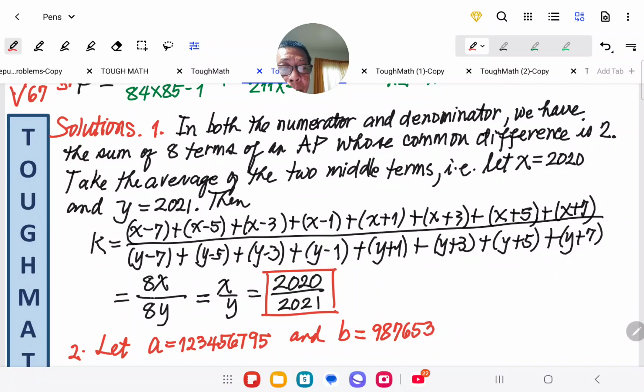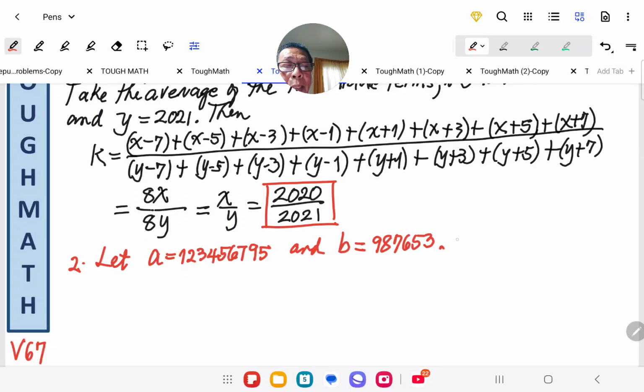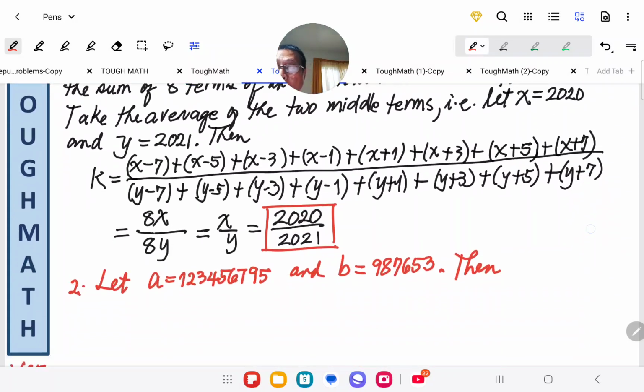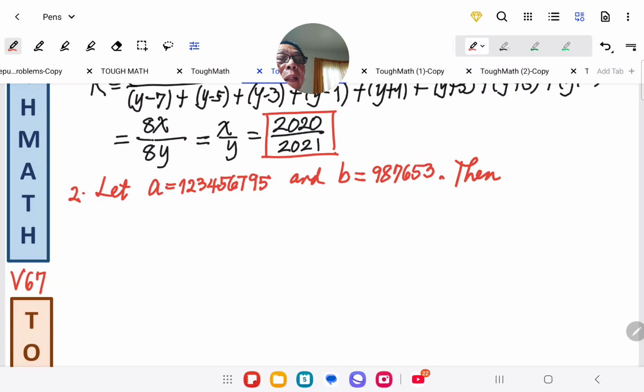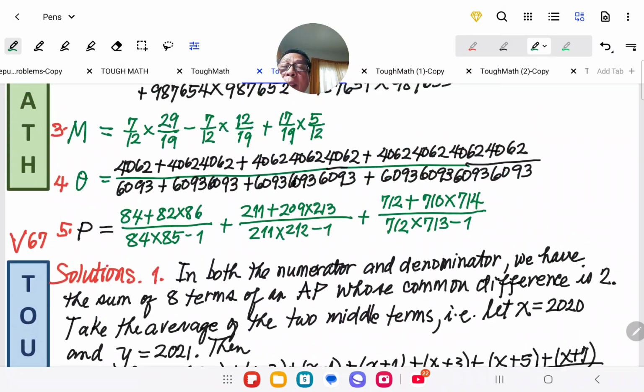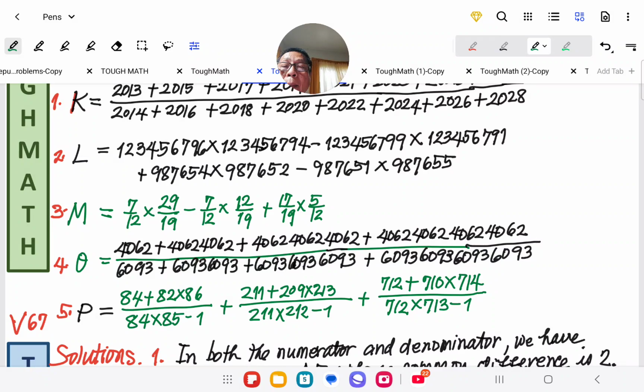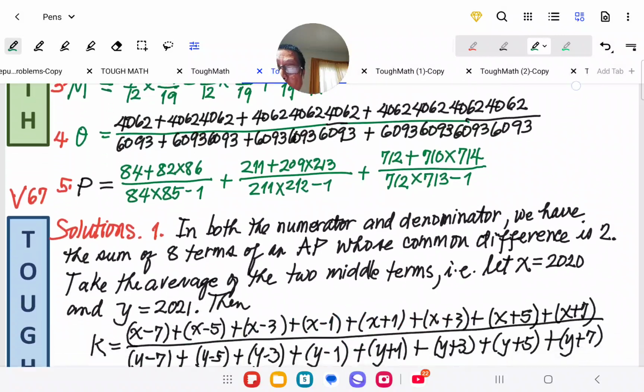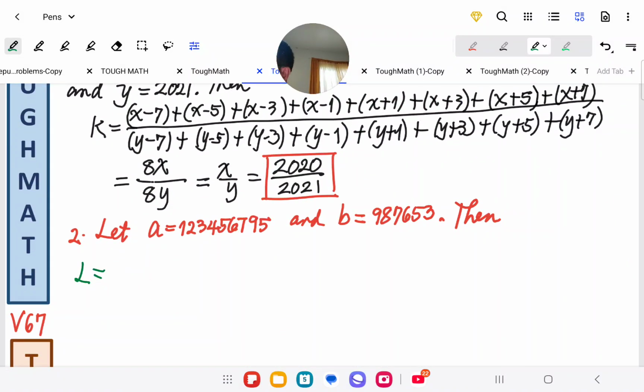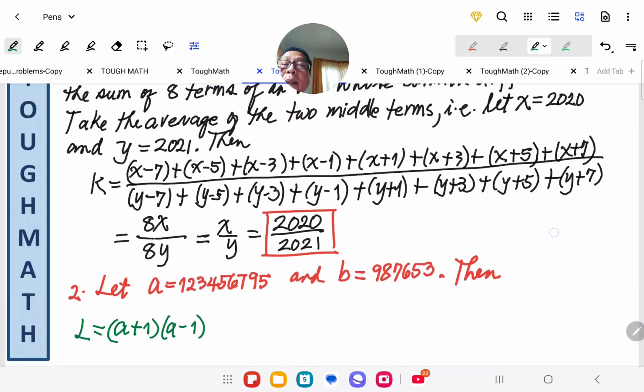So, okay. Then L would be A plus 1 times A minus 1. So this is A plus 1 times A minus 1.